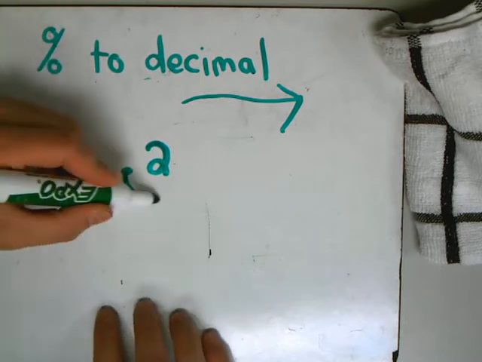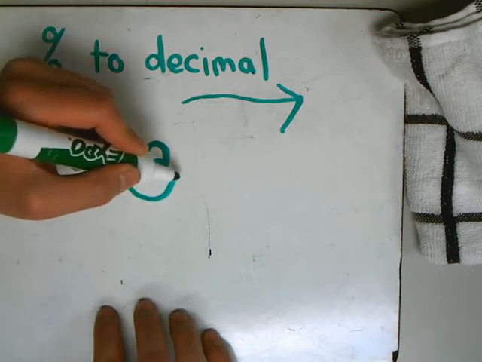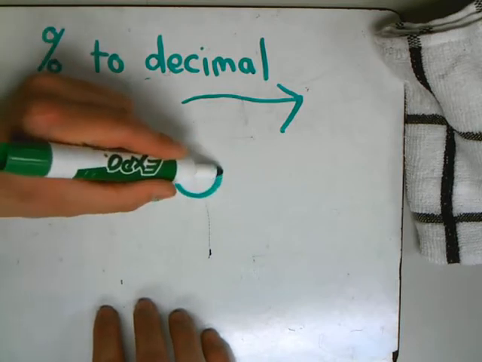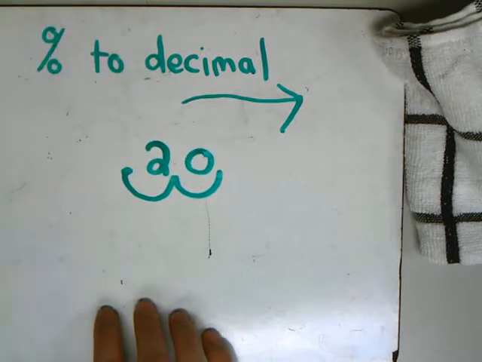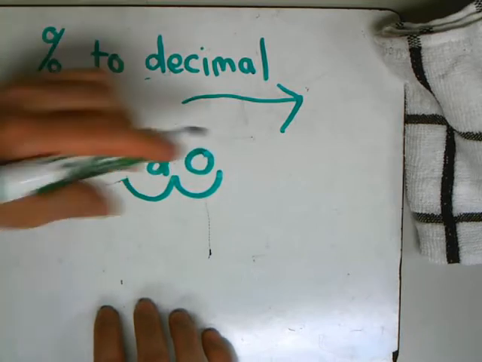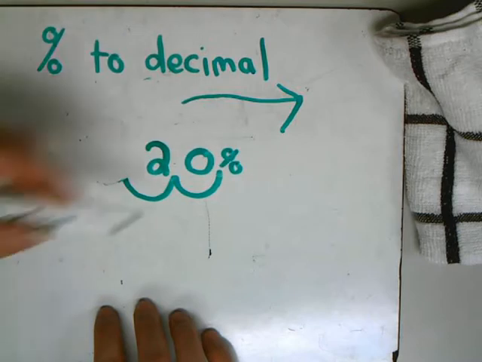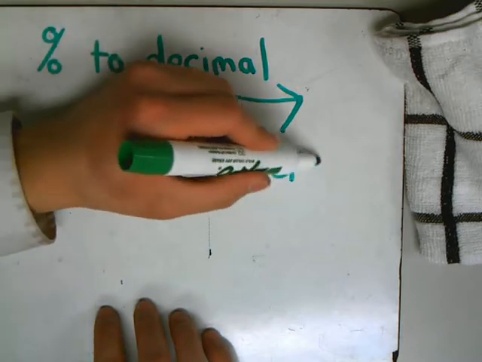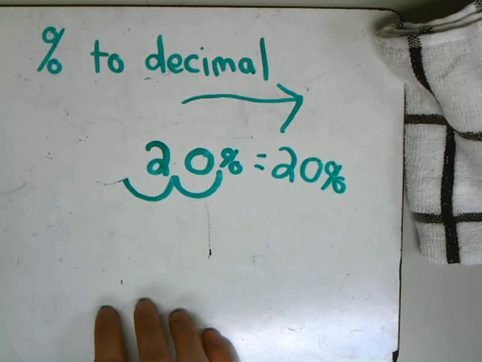Now, right now you can only move it over 1 place value, but once again, just like we did with percentages, you move it over another place value, even though there's nothing here, and you add a 0. This time I'll erase my decimal, and I'll draw my percent sign. And I know that this is the same thing as saying 20%. I know that 2/10 is the same as 20%.